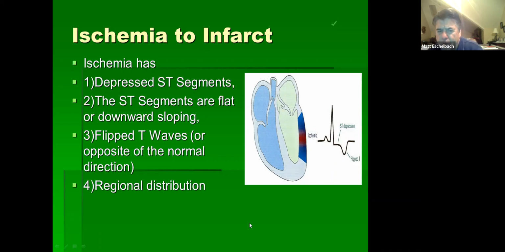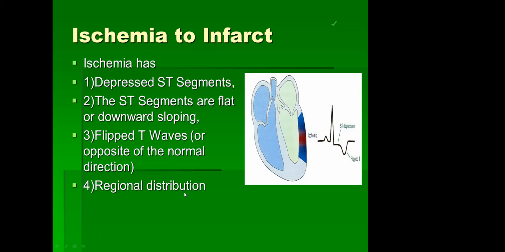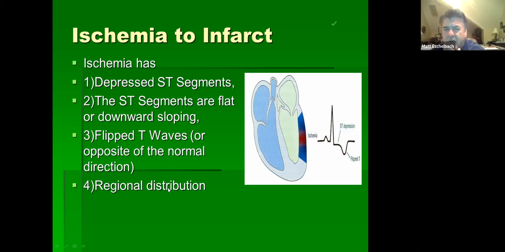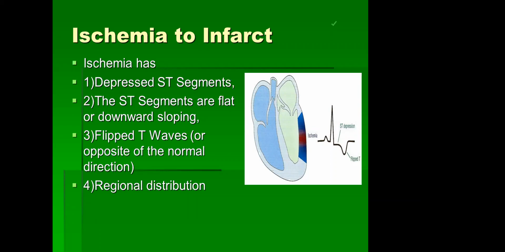And there's a regional distribution, meaning we're going to go over this ad nauseam till the end, because as we're talking about certain regions, we'll be able to determine whether or not the injury is happening in that area.